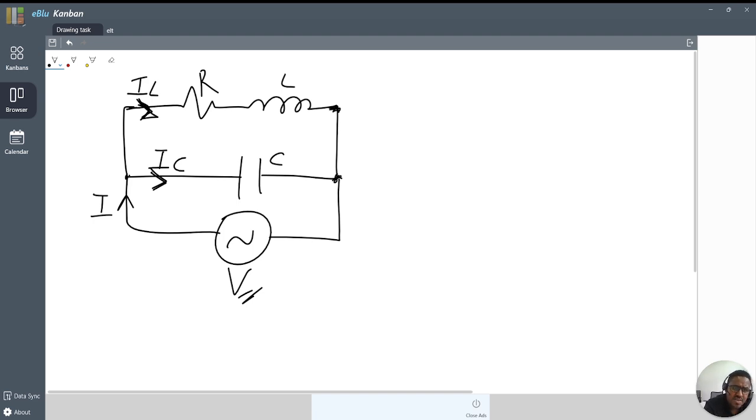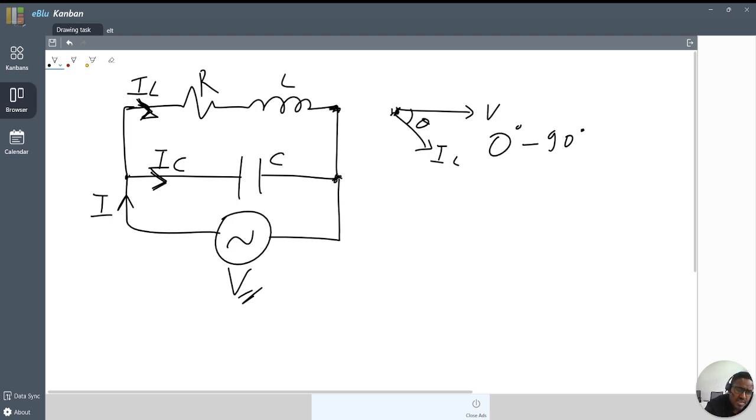In the first branch, with R and L, the voltage leads and the current lags. The inductor current IL lags from 0 degrees up to 90 degrees. That is the nature of the reactance of an inductor: current lags, voltage leads.